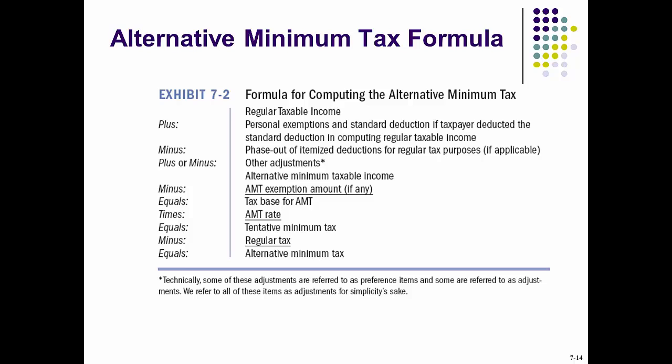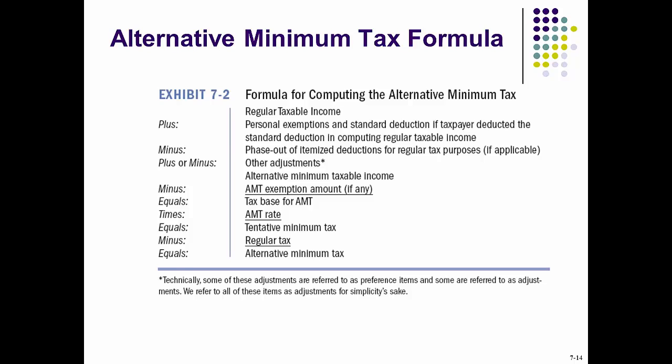tax base for AMT. Then we multiply by the AMT rate of 20%. That will give us the tentative minimum tax. And we will compare the tentative minimum tax to our regular tax. If the tentative minimum tax is greater than regular tax, then the difference between these two will be our alternative minimum tax amount.